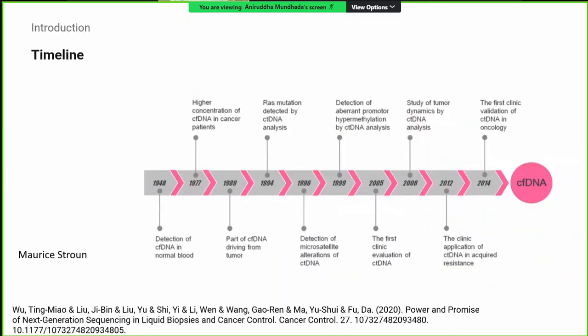So the timeline, going back to the history, there was detection of circulating tumor DNA quite a long time back, but Morris Strawn was the first to show that, and later on he became a part of consulting for Grail as well, which was the first company to introduce a circulating tumor DNA test, which was FDA approved in the market.